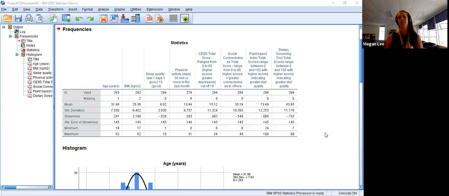So we had 111 missing pieces of data in those variables for the vegans, the vegetarians. And so I went back through and we had a look and we had a discussion, which is what we always do when something like this happens.